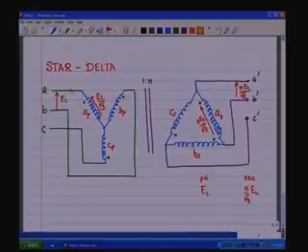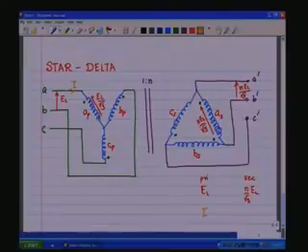What happens to the current? So, if there is a current flowing through the line, let us say that is I. Now, that I is flowing through the phase, which is the same in the star connection.